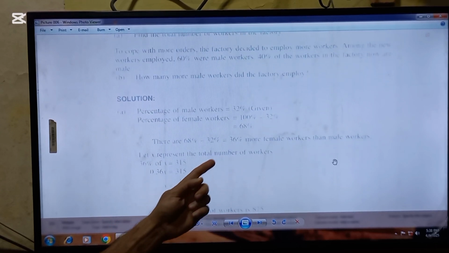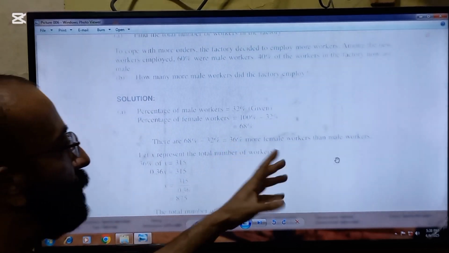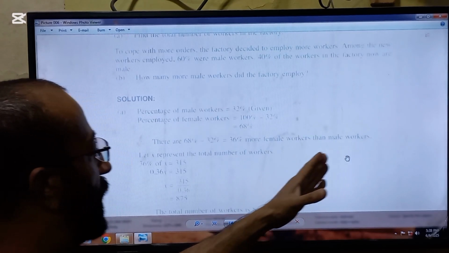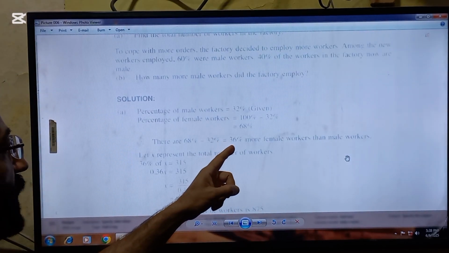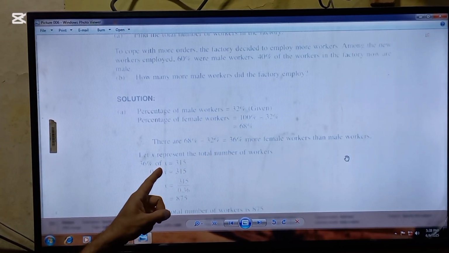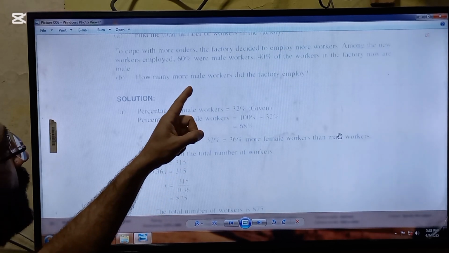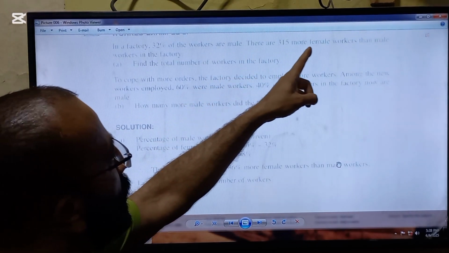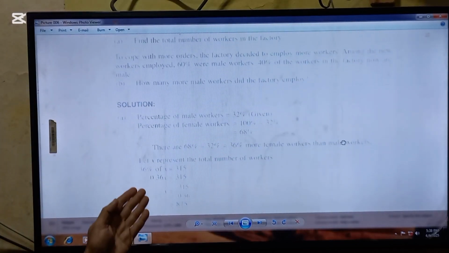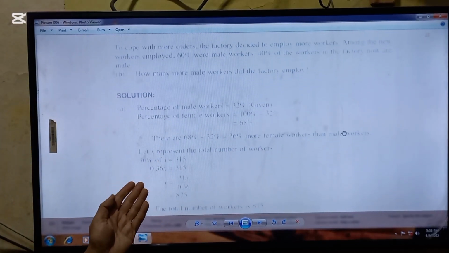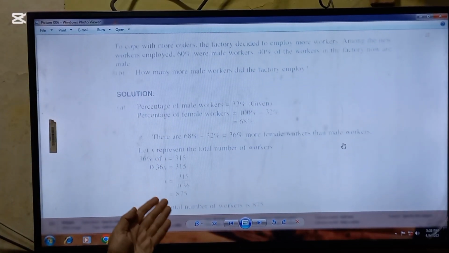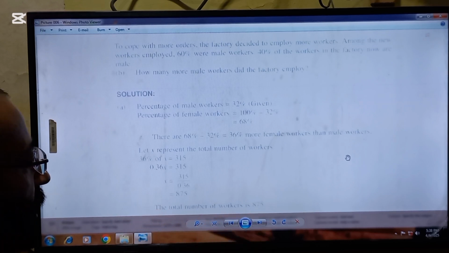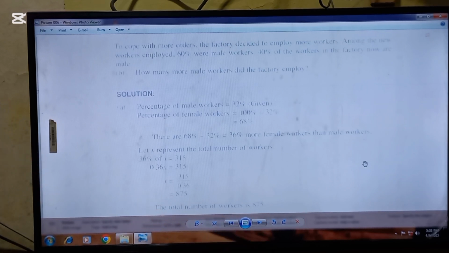And now we have found that there are 36% more female workers as compared to male workers. So 36% of the total workers should be equal to 315. That is the number of more female workers. So that should be equal. And from here, after cancellation, after solving, we will get an answer for the total number of workers.